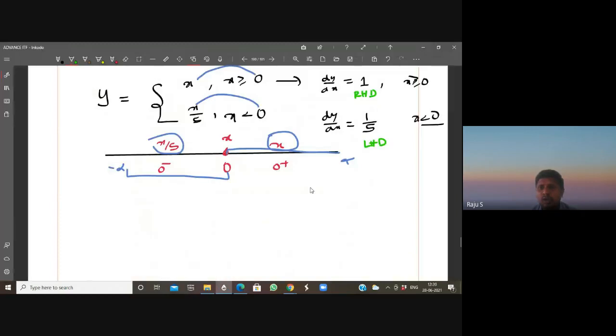At 0 alone, it is not differentiable, but other than 0, if you take 0 plus, it is x. x is differentiable everywhere, and x by 5 everywhere. But at 0, we are getting two different values. So it is not differentiable at 0. For the remaining values, it is differentiable.